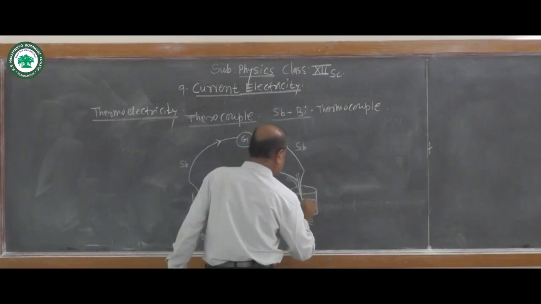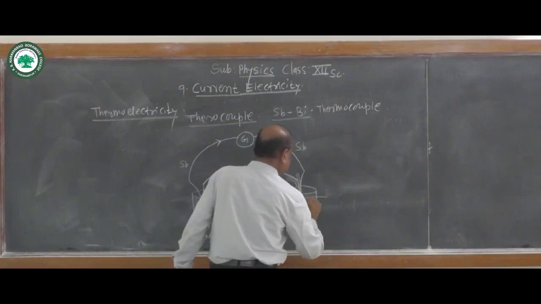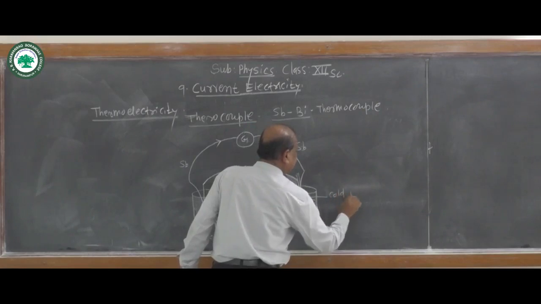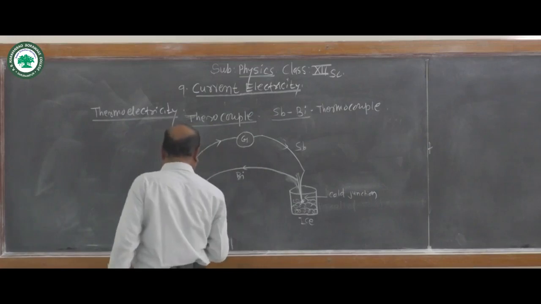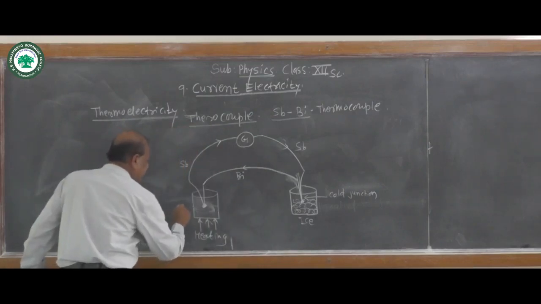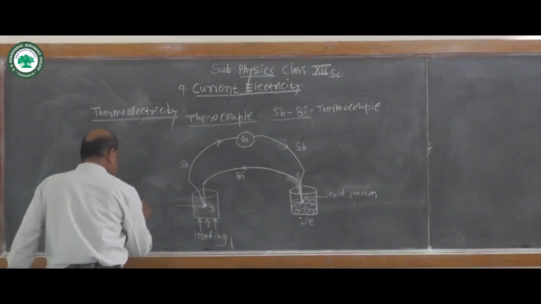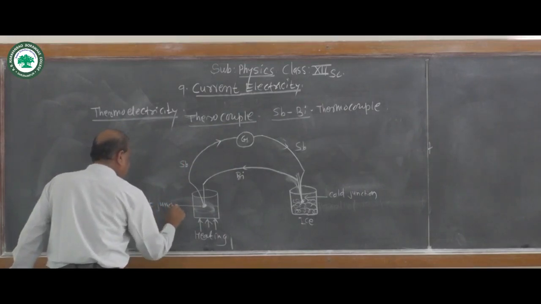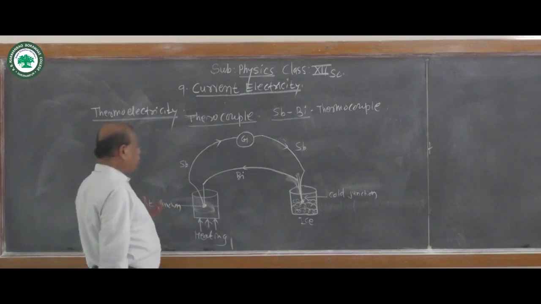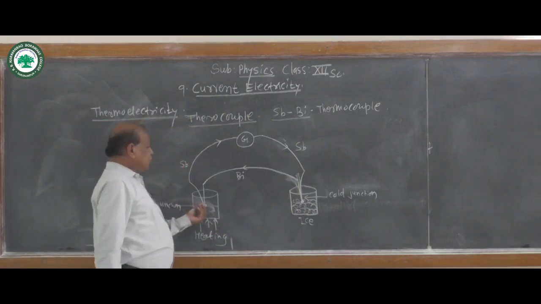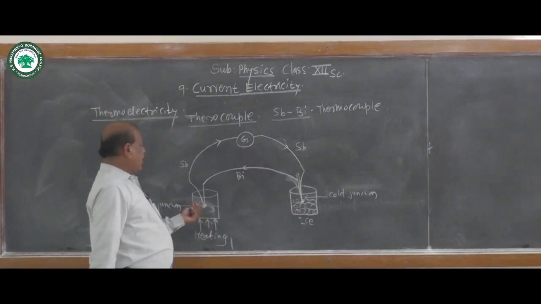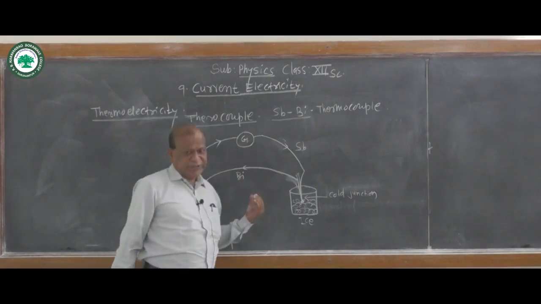Now this is a cold junction, and here this is a hot junction. Now heat will flow from the hot junction to the cold junction. These two junctions are kept in these hot and ice places.